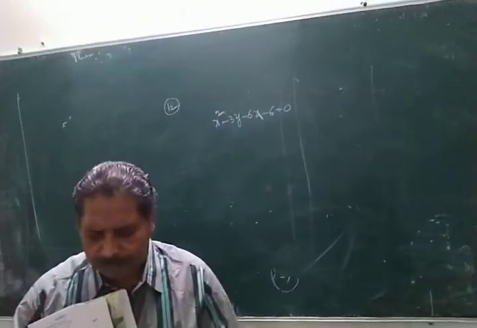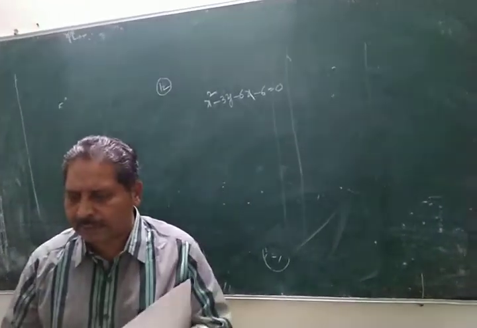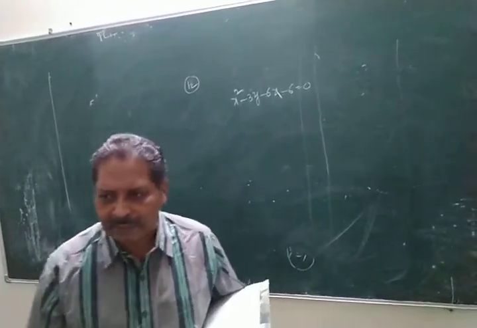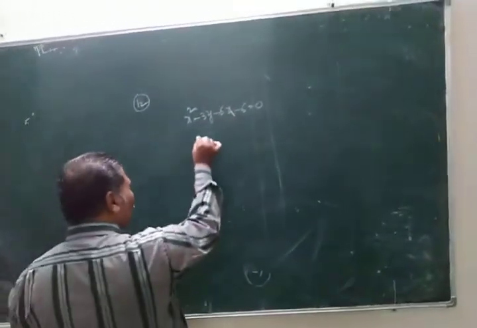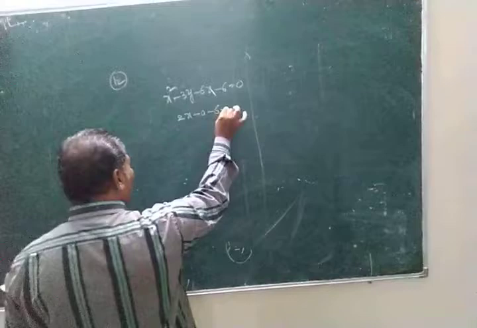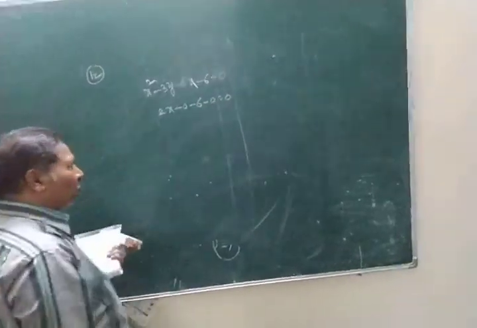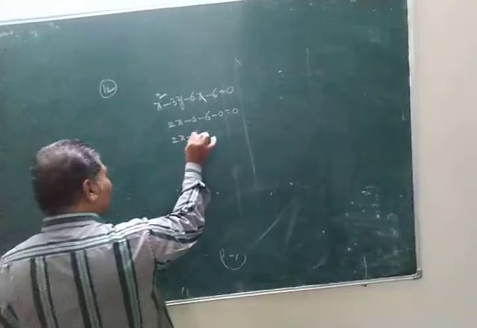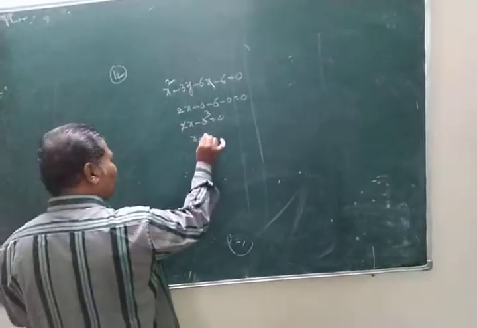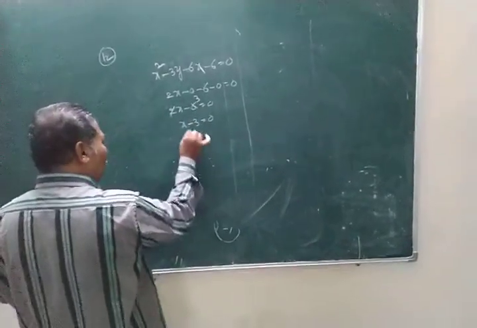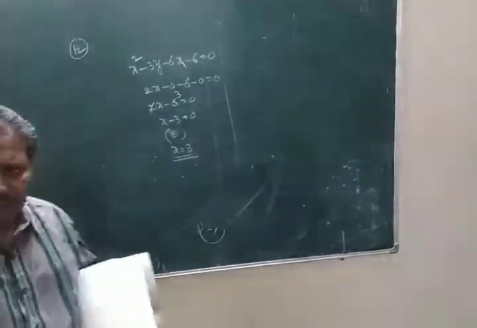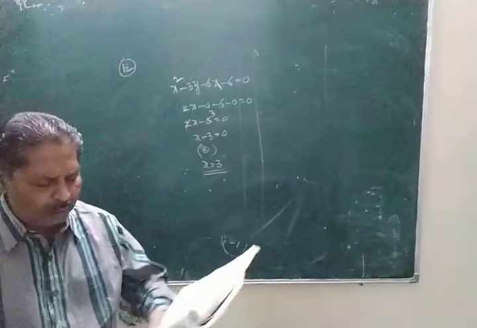Equation of the axis is ∂f/∂x equal to 0. 2x minus 0 minus 6 minus 0, 2x minus 6 equal to 0. 2 cancel. x minus 3 equal to 0, or x equal to 3.